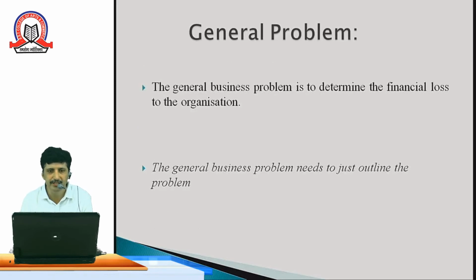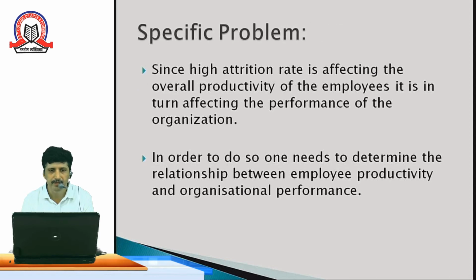Then the third point is the general problem, which is to determine the financial loss to the organization, and it needs to just outline the problem. Specific problem: since high attrition rate is affecting the overall productivity of the employees, it is in turn affecting the performance of the organization.